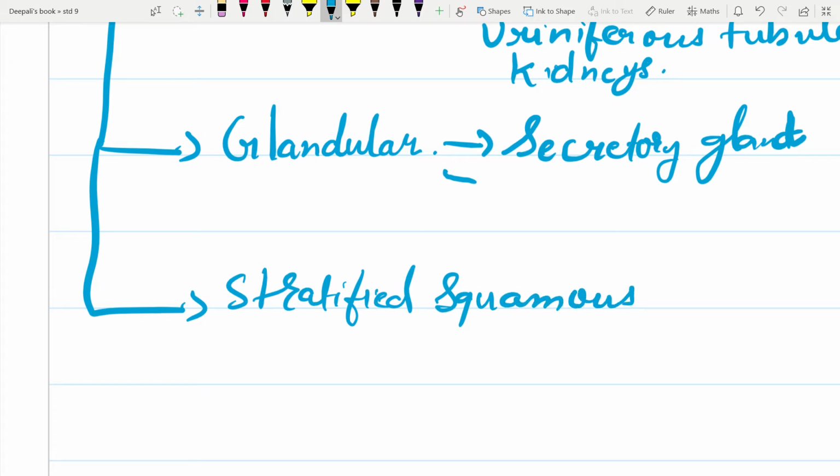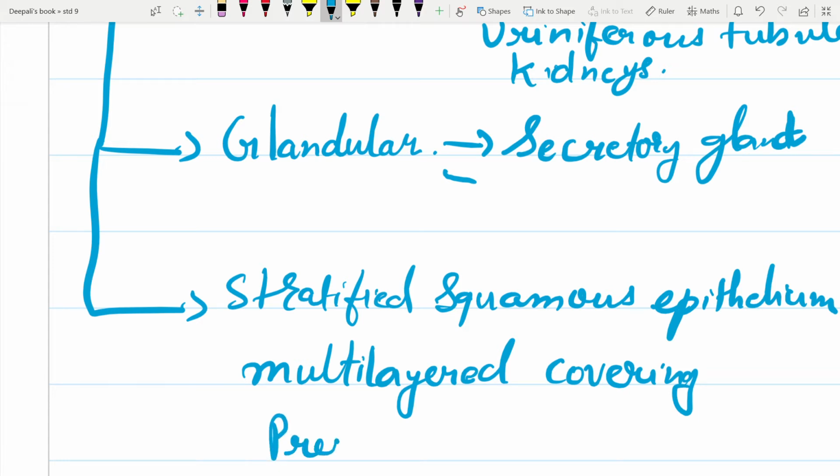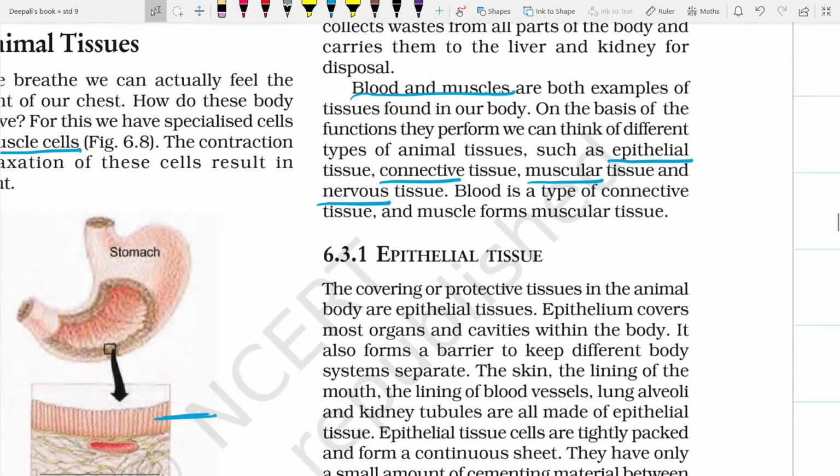Stratified squamous epithelium is a multi-layered covering present on the skin.